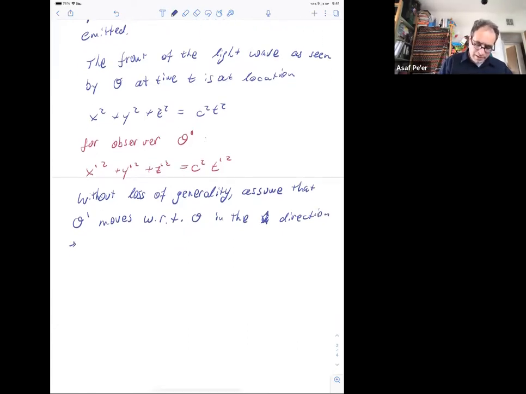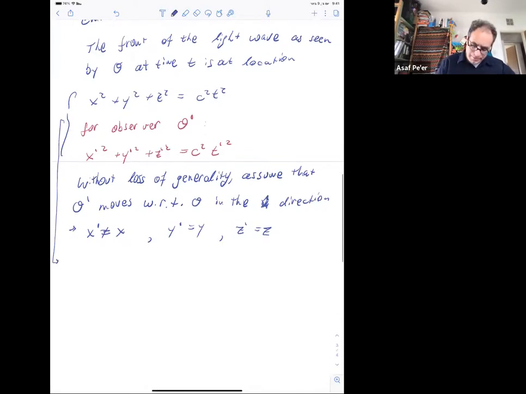Obviously from these two equations, we end up with T prime not being the same as T. It cannot be the same.